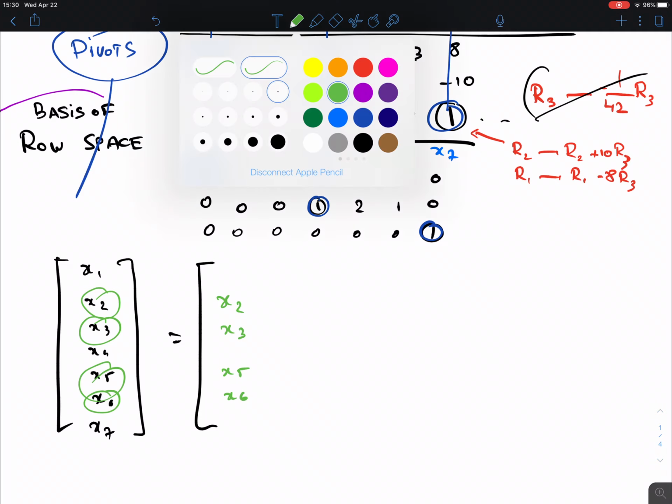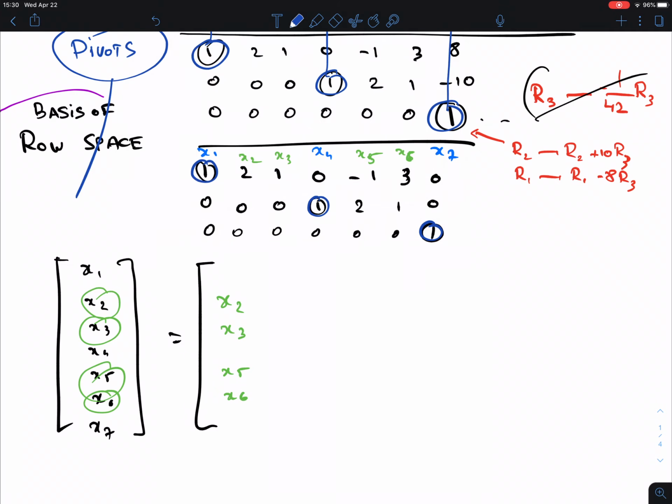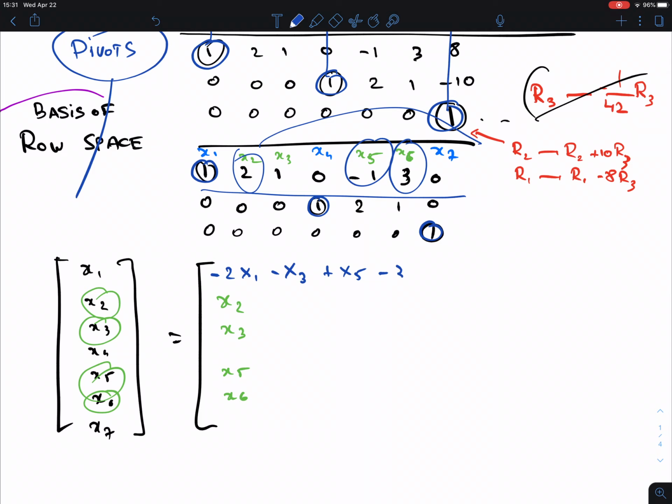It's the pivot variables that we have to write in terms of the free variables, looking at these equations. Remember, this is equal to 0. This says 1 times x1 plus 2 times x2 plus 1 x3 and so on is equal to 0. So we have to bring these to the other side, so they get negatives. We get negative 2x2, negative x3, bringing this to the other side is a plus x5, and this is a minus 3x6.